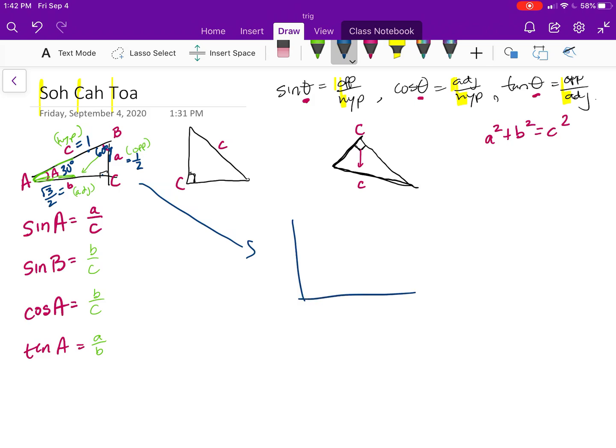In the unit circle, we'll look at quadrant 1 only. We had a 30-degree angle, and we had quickly shown how to get all these coordinates for the 30, and then we had a 45, and we had a 60.